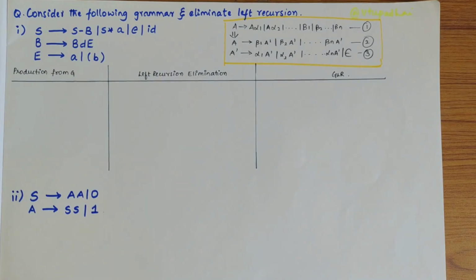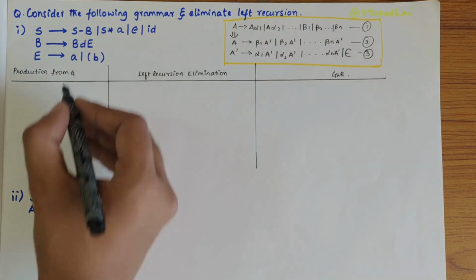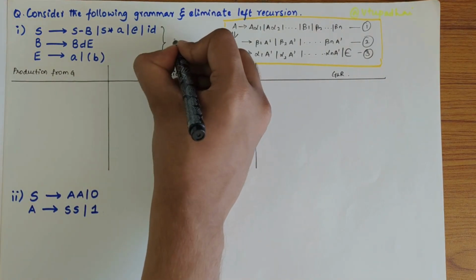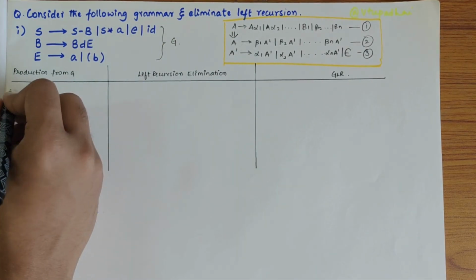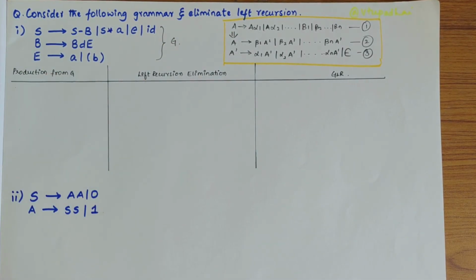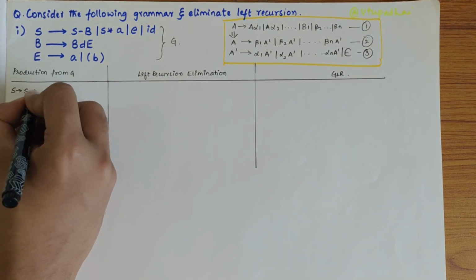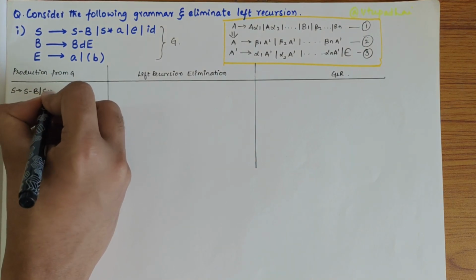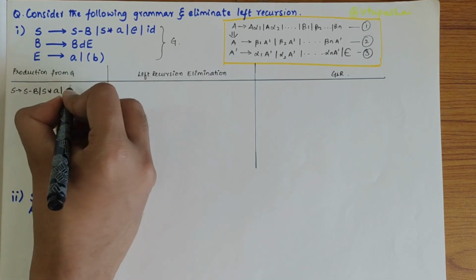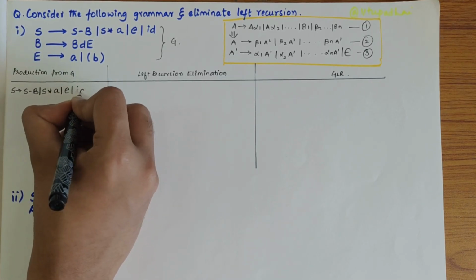So let's consider the first production now. Let's take this as grammar G. The first production is S derives S minus B, S star A, E and ID.